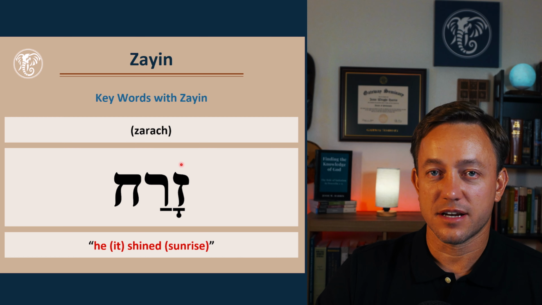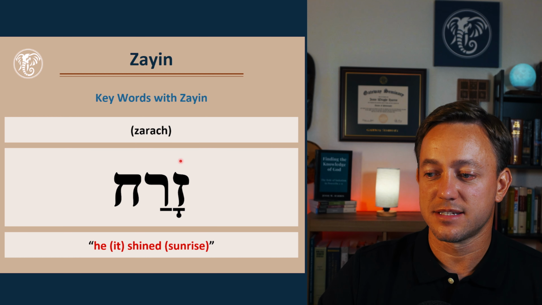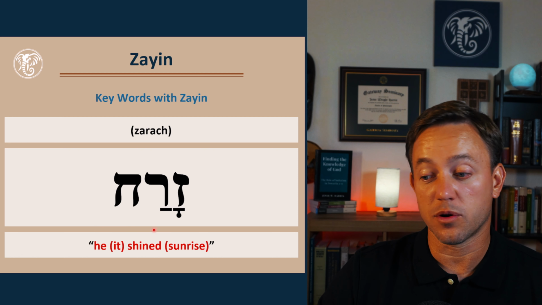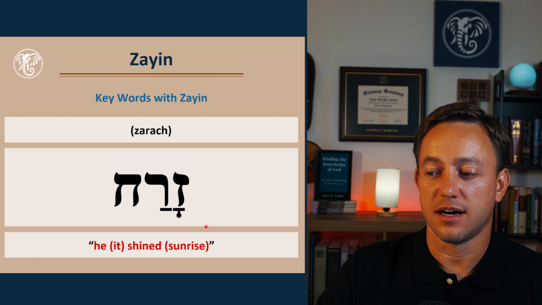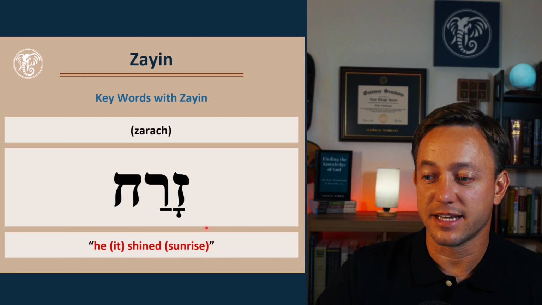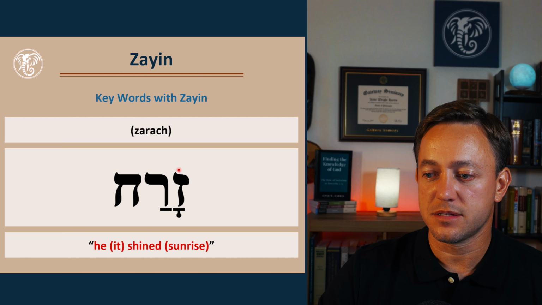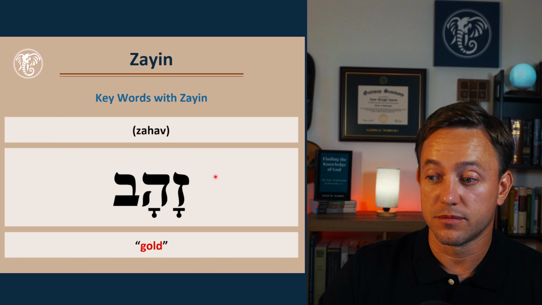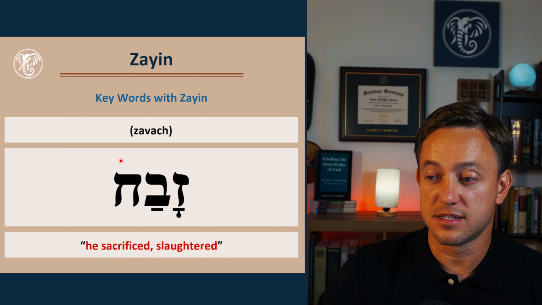All right, here's another one. And this one is zarak. Zarak is a verb meaning he or it shined, often referring to the sunrise, to shine or to enlighten. Now, this might get a little bit confused with the previous word, zavak.